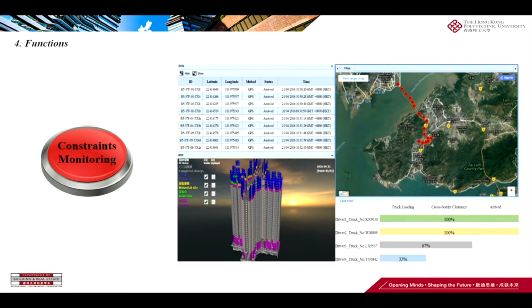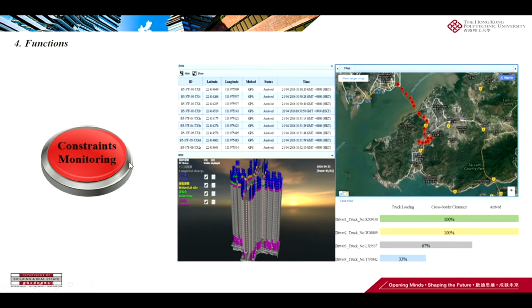We use RFID and BIM to track the status of the components, and then using the visualization function of the BIM, we can see that there are several colors of the components. Like the yellow part means the component has already arrived at the construction site.